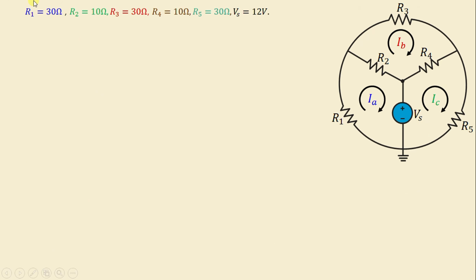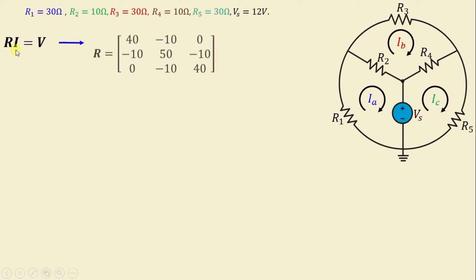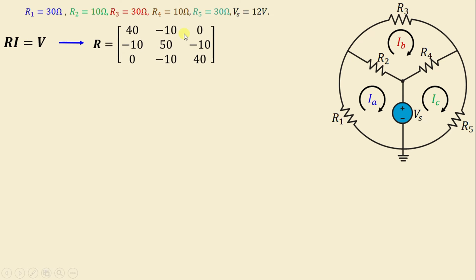We have here our resistance values. The mesh current equations can be expressed in matrix form as follows, where R is given by this matrix, and I will explain how we obtain this matrix.